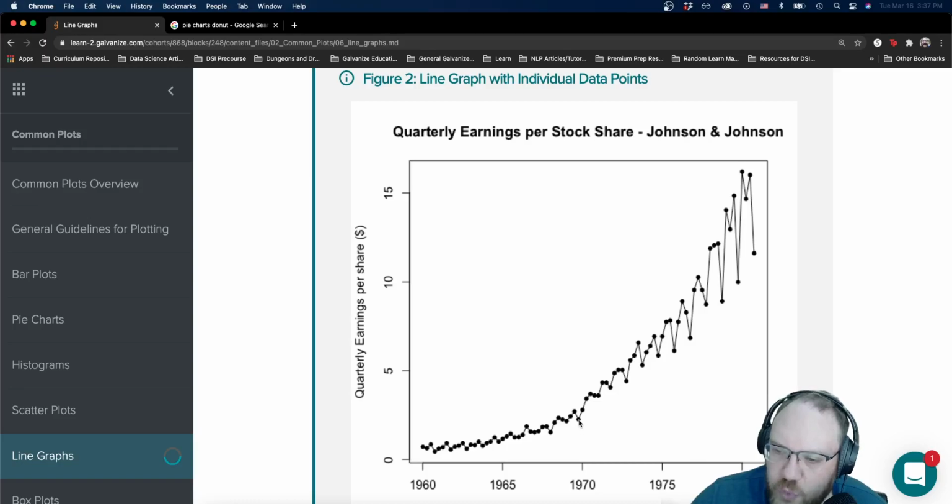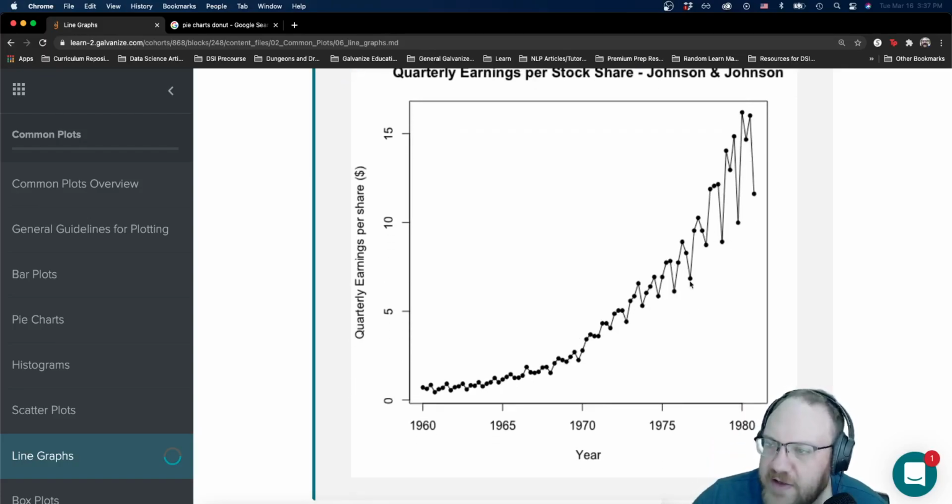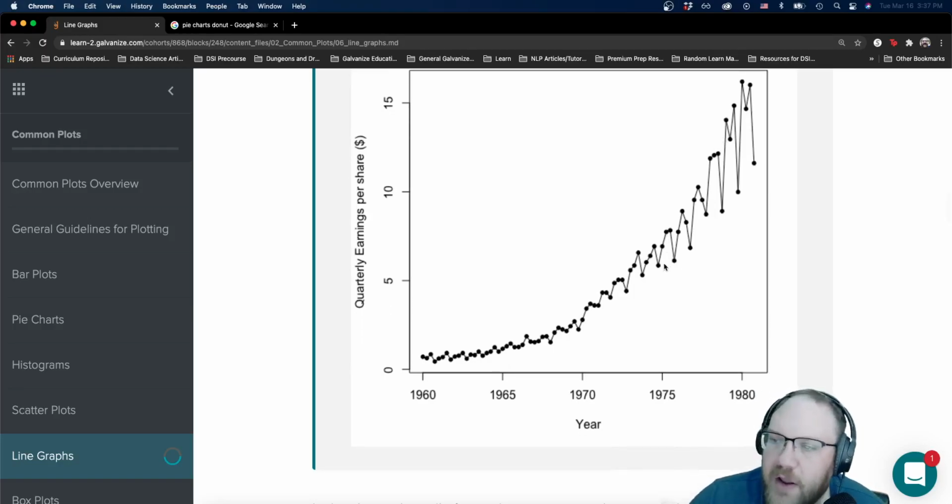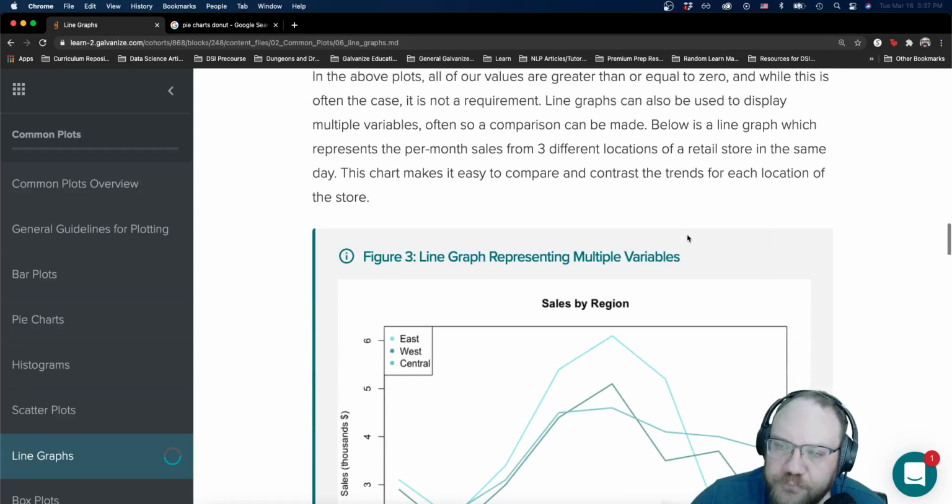Where I have Q1 1970, Q2 1970, Q3 1970 on my x-axis. And then on my y-axis, I have the actual value from that, and I've connected them with lines, right? So there is this relationship between the scatter plot and the line graph. They're really the same thing. We've just played connect the dots on the line plot.